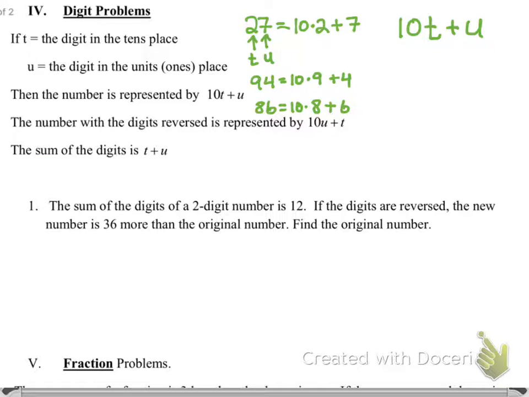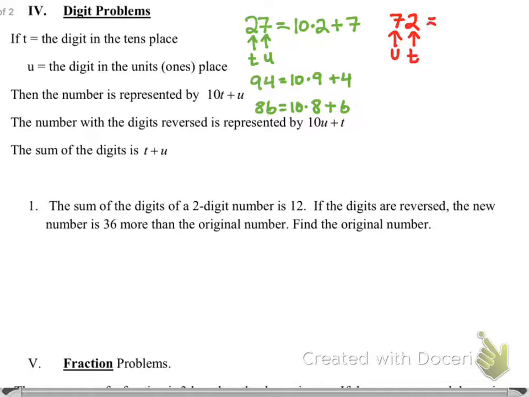Now, the reverse is where it gets a little bit crazy, okay? So we have 10t plus u, but if I switch 27 and flip its places, then it becomes 72, right? The u was 7, and the t was a 2.